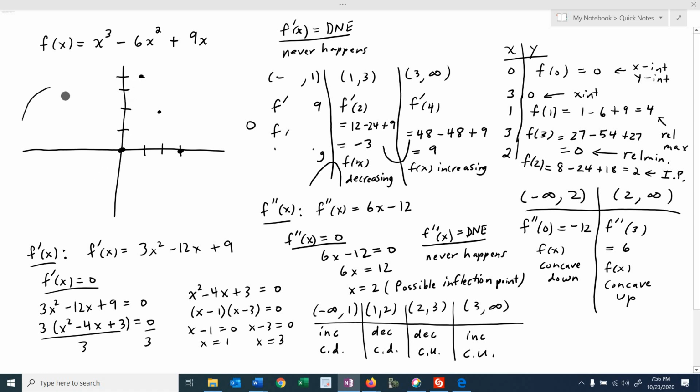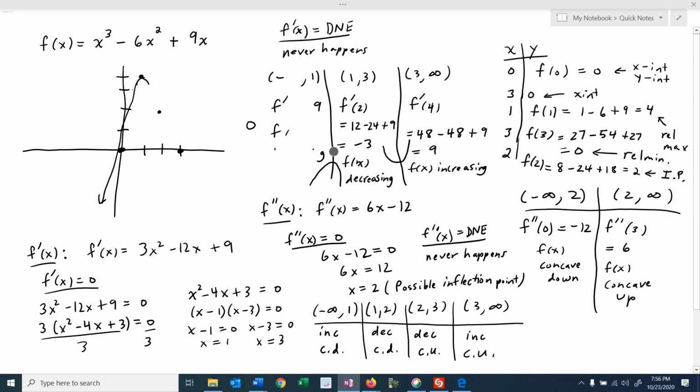So concave down would look like that, as opposed to concave up, which would look like that. Okay, so it's got to look like this. Okay, and it goes through this point. Okay, so something like that.